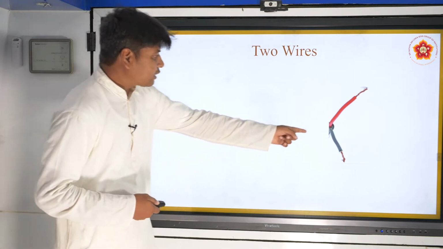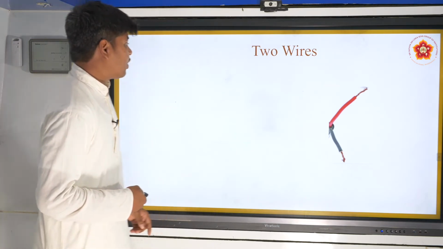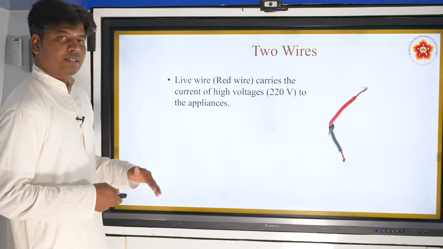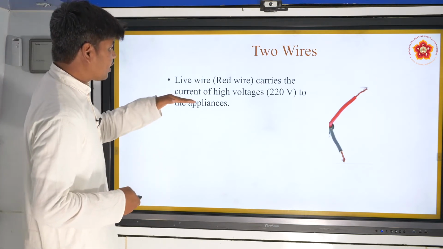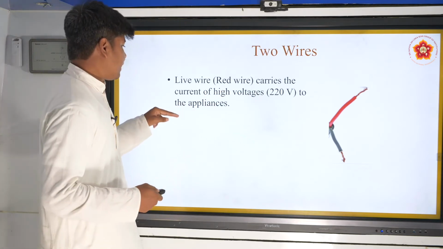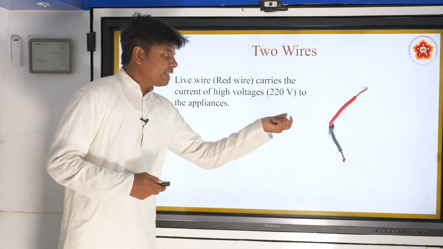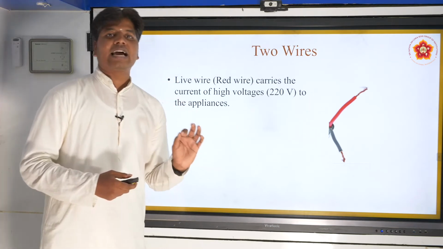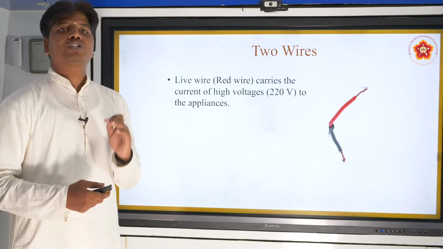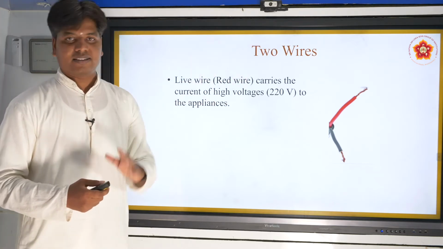What is this wire? This red wire we call the live wire. What does this wire do? It carries the current of high voltage, around 220 in India, to the appliances. It is the wire which is carrying current. It is the wire which is attached to, for example, the positive terminal of the station.